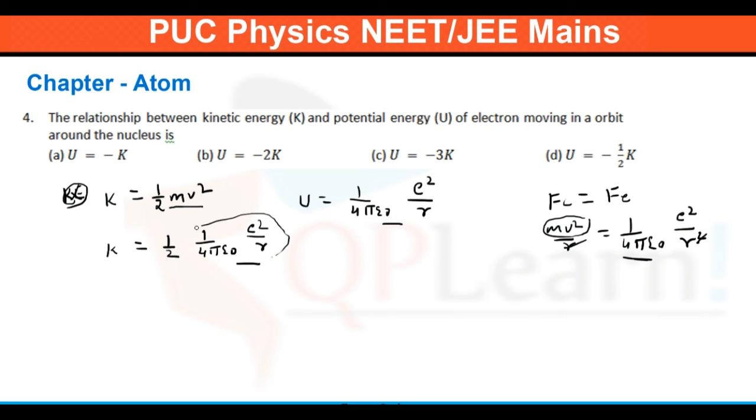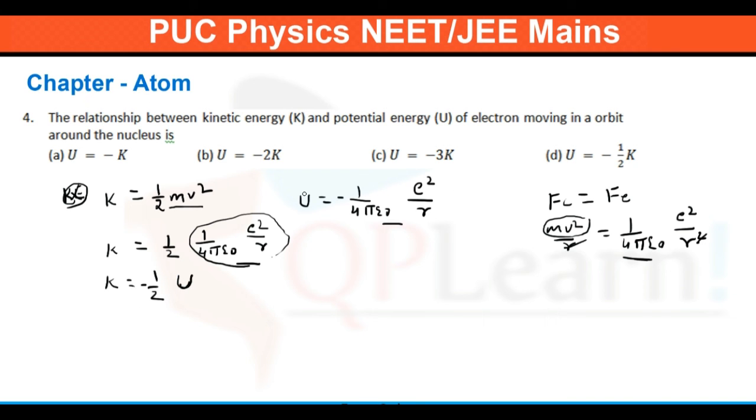In this place I will put the potential energy, which is negative, so K is equal to 1 by 2 into negative U.